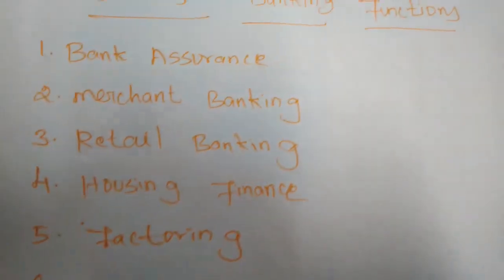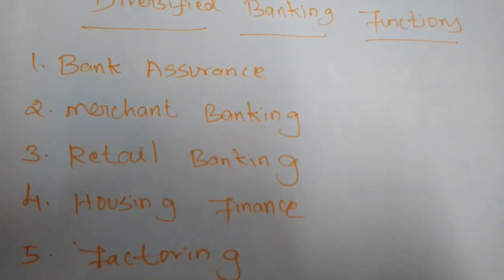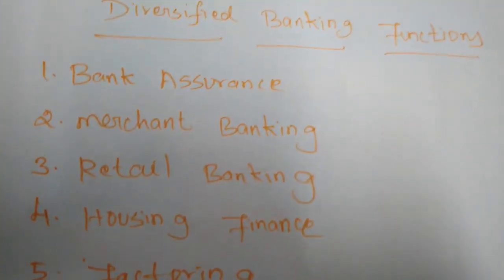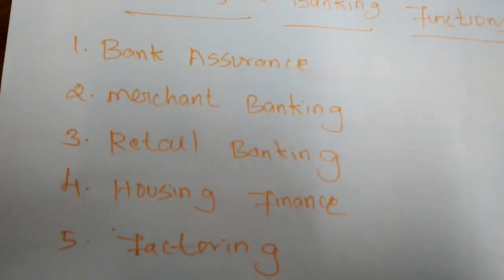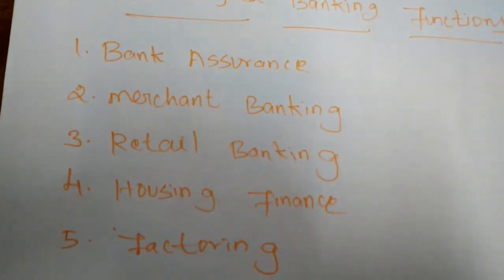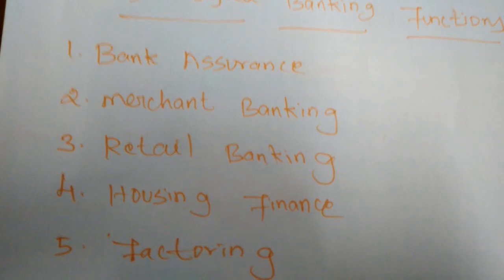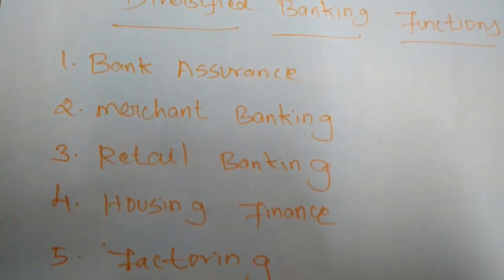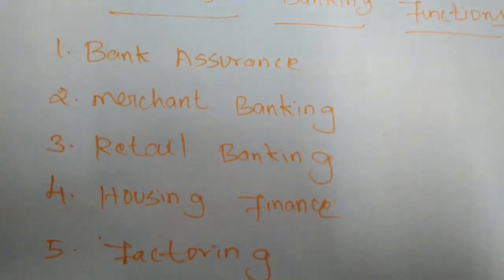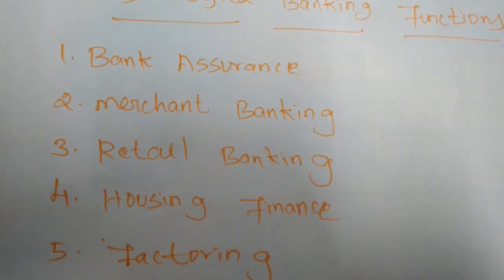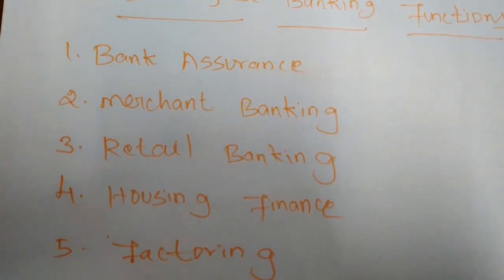Under these diversified banking functions, the first one is bancassurance. It refers to the offering of insurance policies or products by the bank in association with another insurance company. Banks should follow the Insurance Regulatory and Development Authority of India.